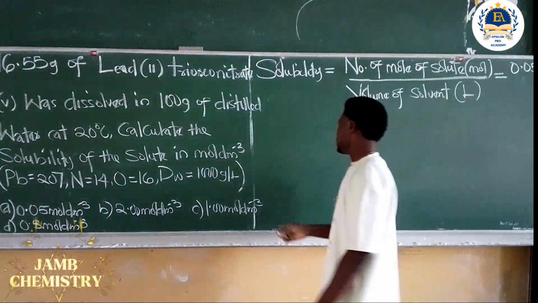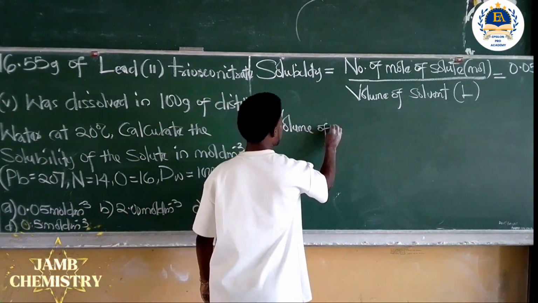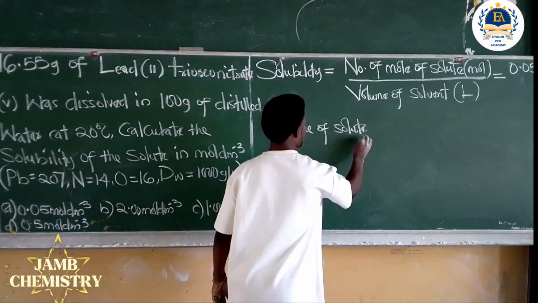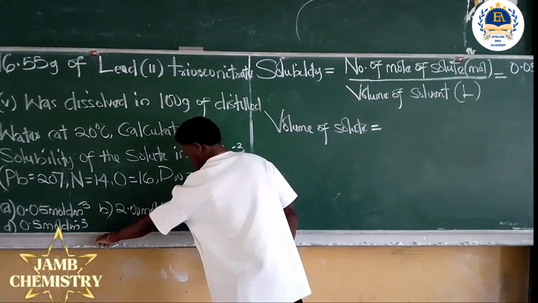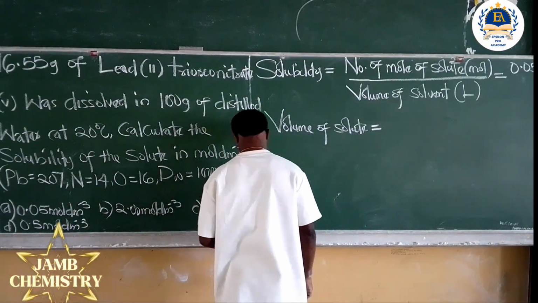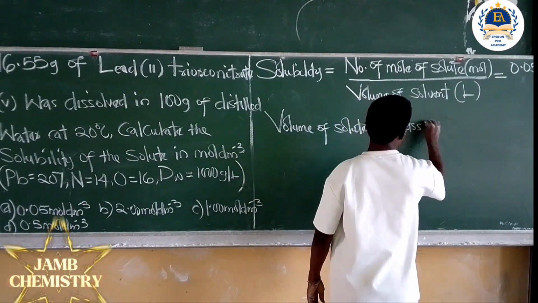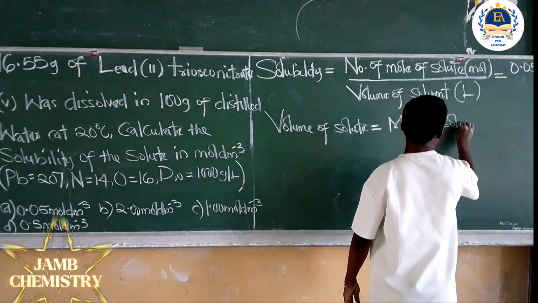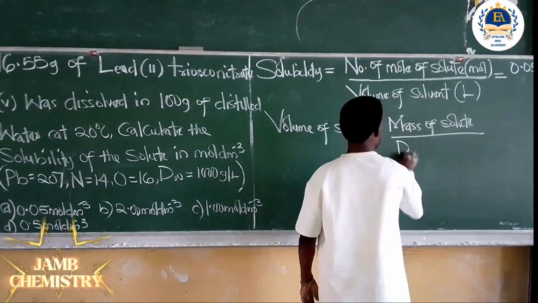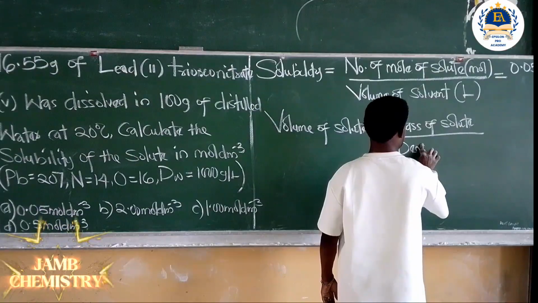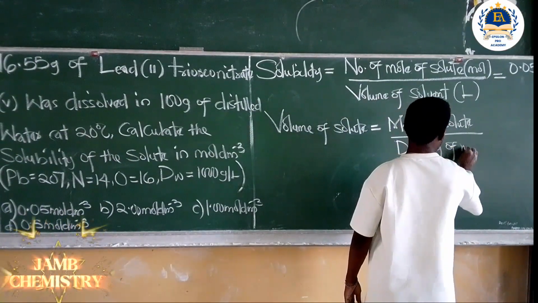Then the volume of solvent is equal to mass of solvent, all divided by density of water.